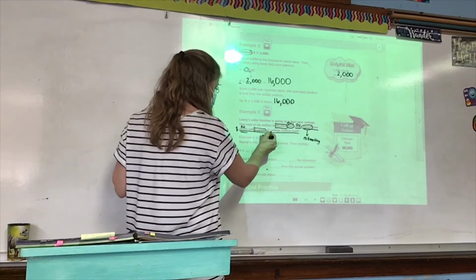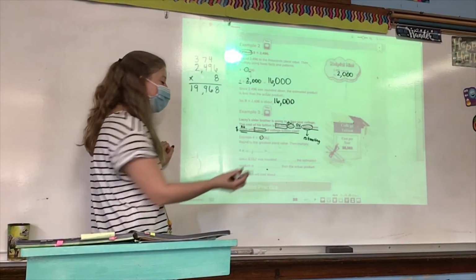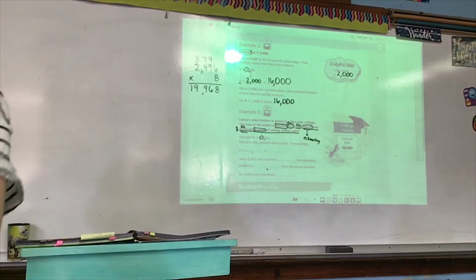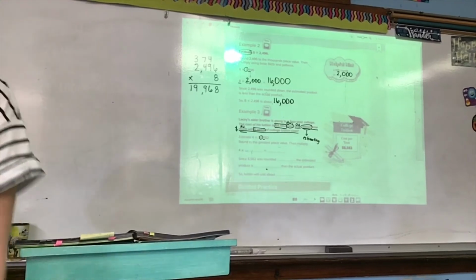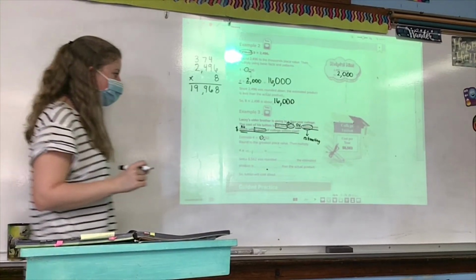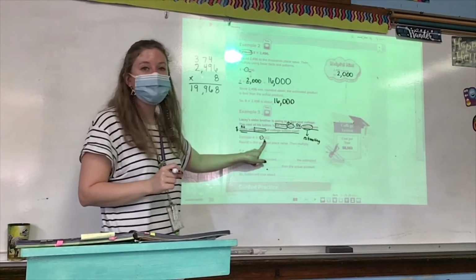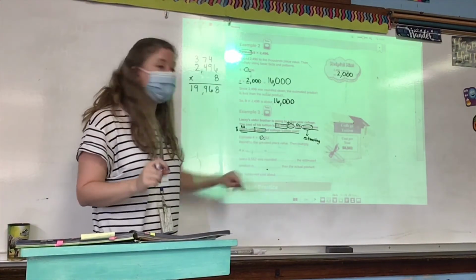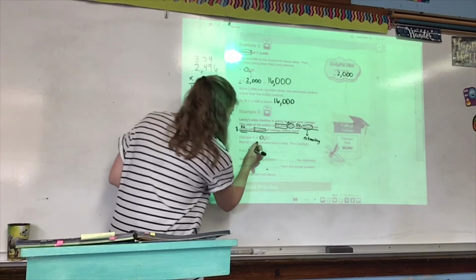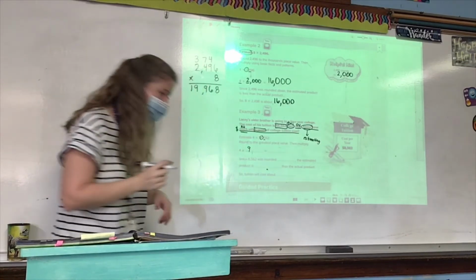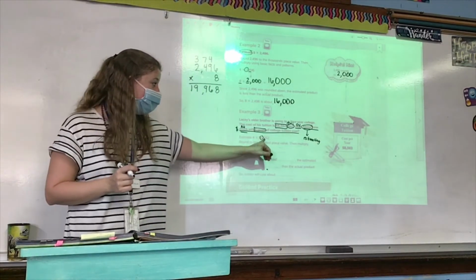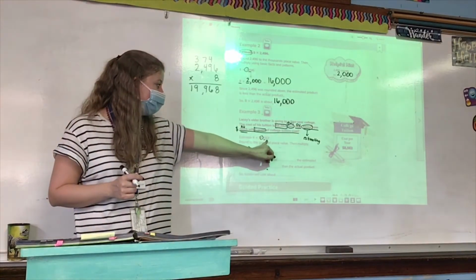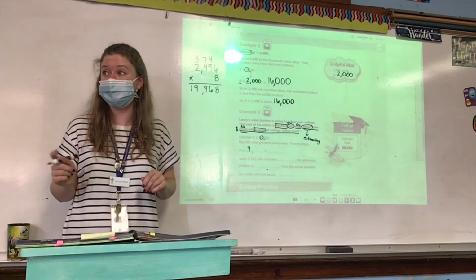Circle the digit in the place to be rounded. Underline the digit to the right. Our underlined digit is 5 or more, which means we add 1 to the circle digit. So 8 becomes 9. Step 4, all the digits after the circle digit become zeros. We have 1, 2, 3 digits after the circle digit.